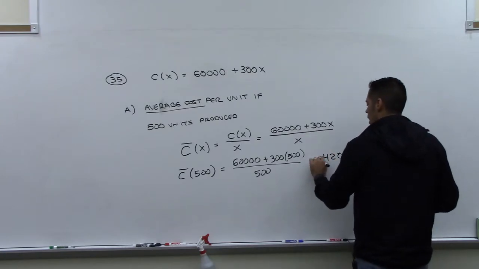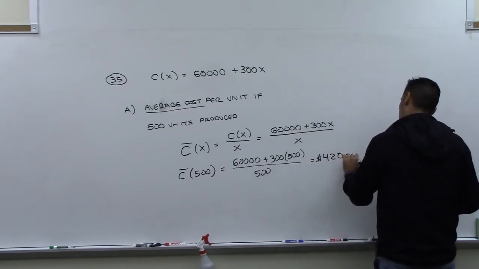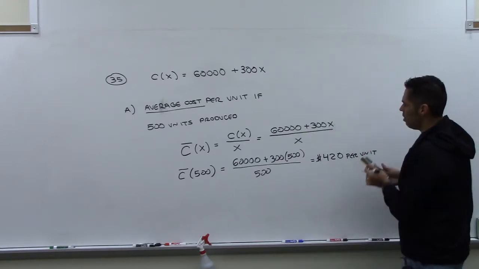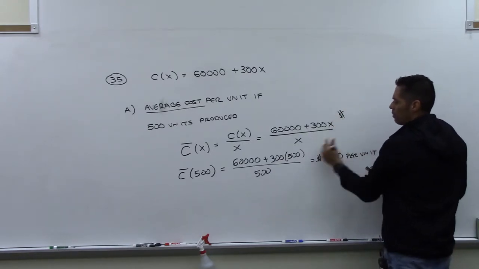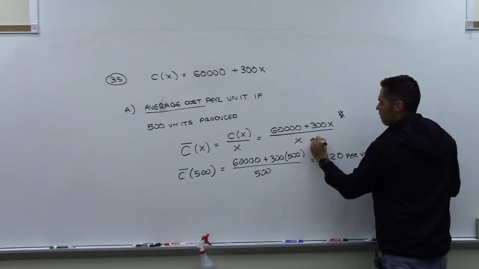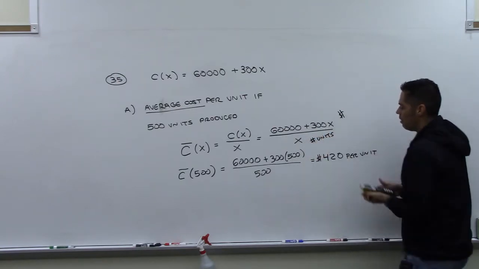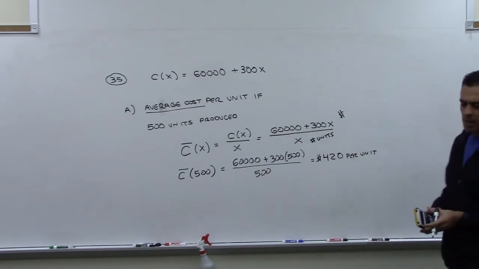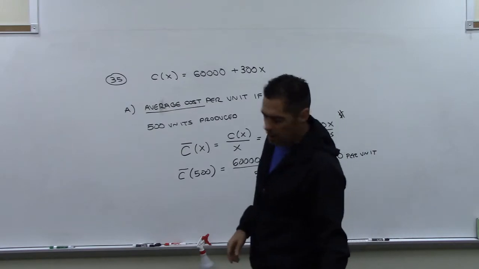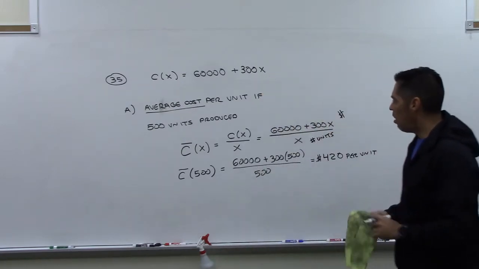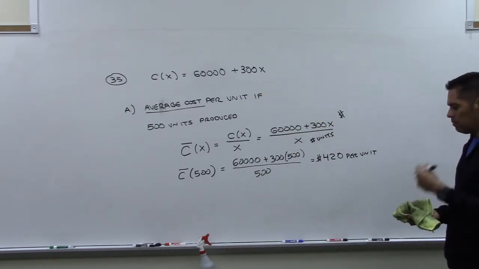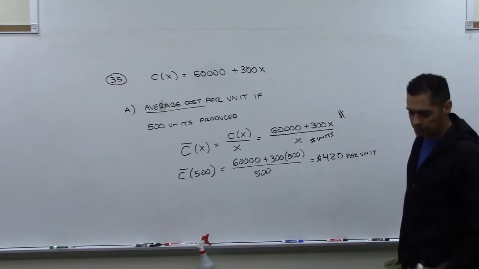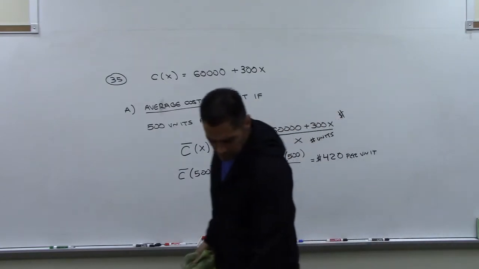Now this is going to be dollars per unit, because this is the dollars, this is the cost on top, and this is the number of units. So our answer is going to be in dollars per unit. All right, so that's what we get. So if we sell 500 auto body parts, then the average cost for us to do this is $420 per unit.